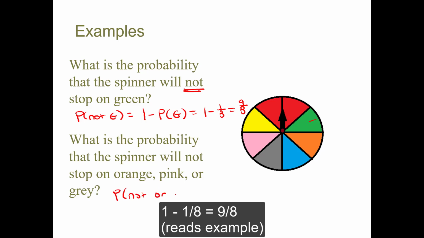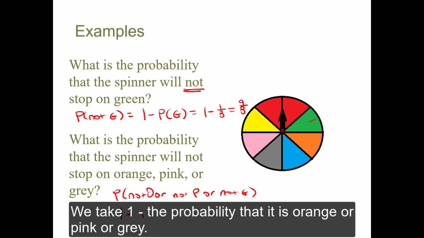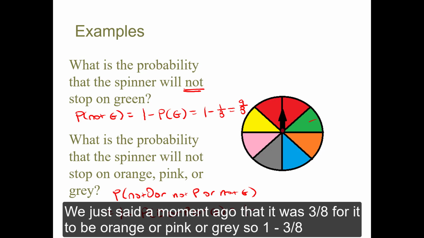What about not orange, pink, or gray? So it's not orange, or not pink, or not gray. So again, 1 minus the probability that it is orange, or pink, or gray. And we said just a moment ago that that's 3/8 for it to be orange or pink or gray.